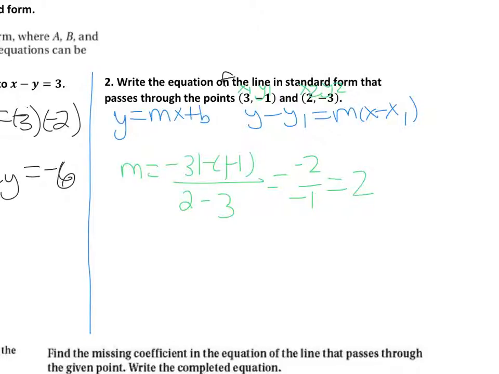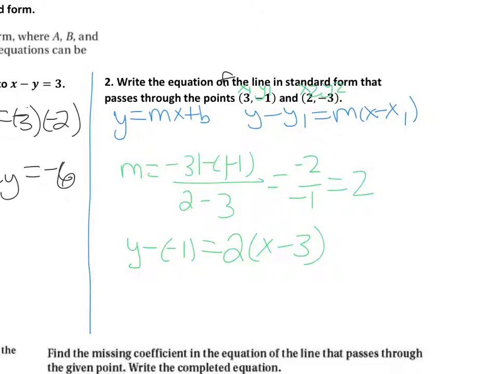Now watch. If I use this equation, I need to find b. If I use this equation, all I need to do is get things on the right side, so we don't need to solve for anything else here. So we're going to use the point-slope form, okay? So I have y minus negative 1 equals 2, the slope is 2, x minus 3.